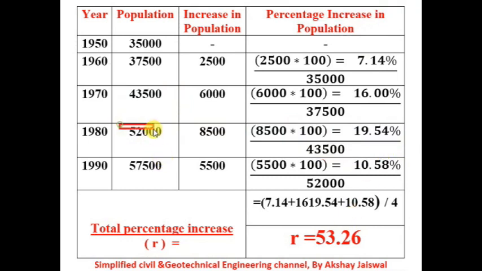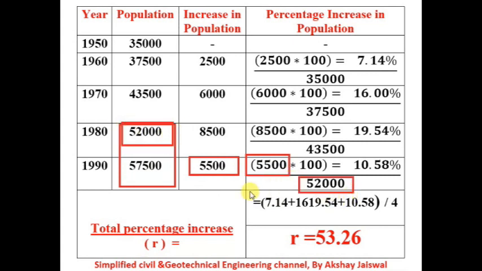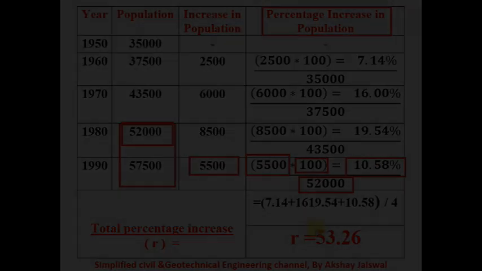Similarly we can do it for the last value, that is increase in population from 1980 to 90 is 5500, hence we will write 5500. Then increase in population is from 52,000, hence we will divide it by 52,000, and as we are finding percentage increase in population, we multiply it by 100, and after all these calculations we will get percentage increase in population as 10.58.